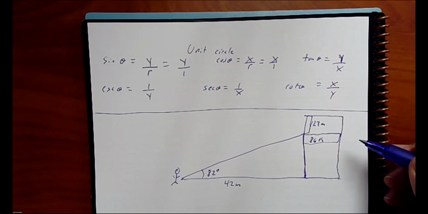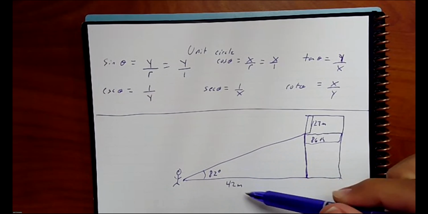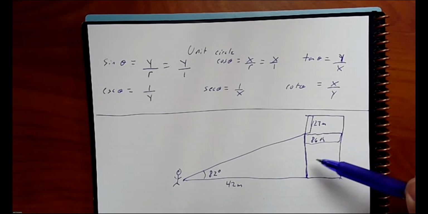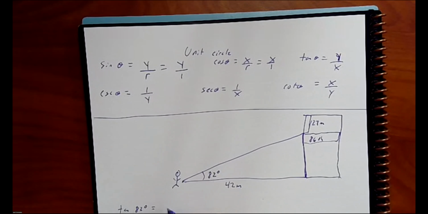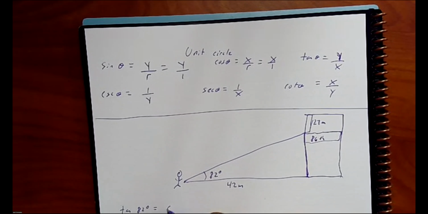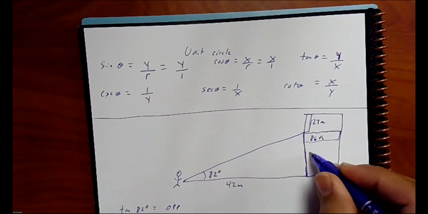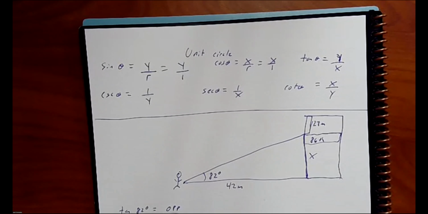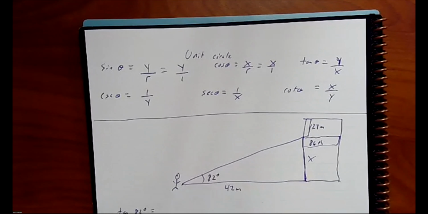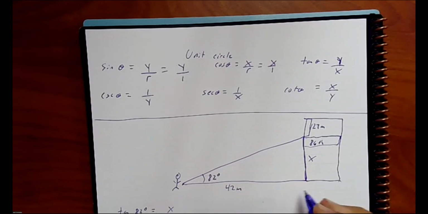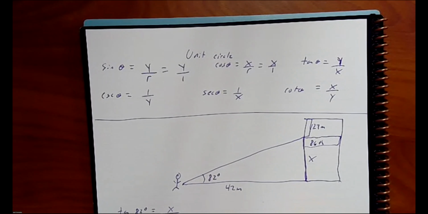So I'm thinking tangent would be the best, because I'd use the angle and the adjacent side to find opposite. So tangent of 82 is equal to the opposite, which is what I want to know, call it x, over adjacent.